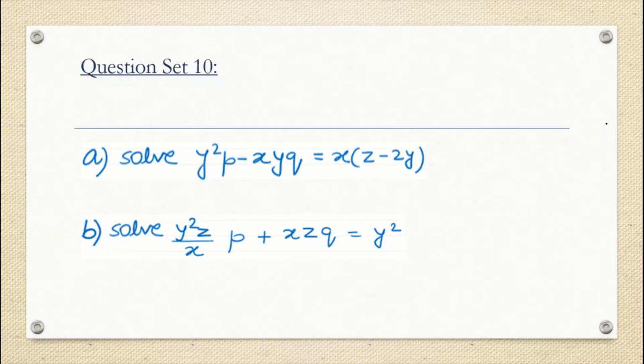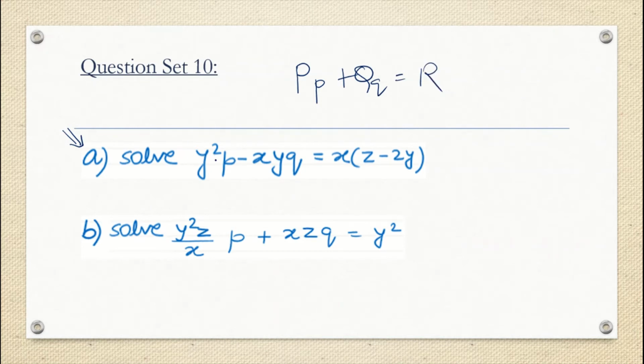Okay, so here is the question. We will be solving these two questions, and in today's class we are going to follow the method of grouping. Fine. So the very first thing is, suppose this question has come in your exam, how will you understand that you have to use the method of grouping, or whether this is my Lagrange's partial differential equation, and how I'm going to solve it? The very first thing is you make sure that this is in the form of Pp plus Qq equals R. And how is this in this form?